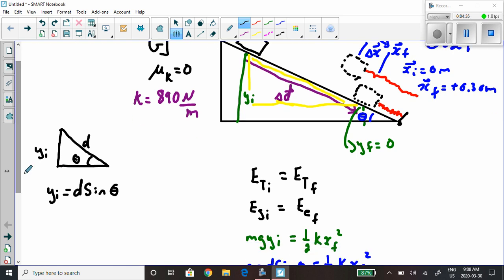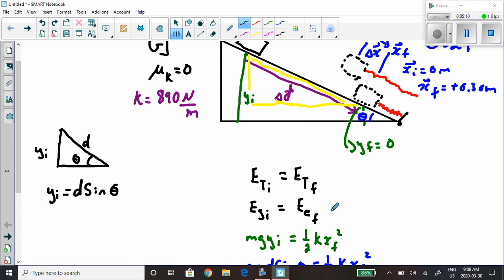Right there. All right, so now, like in many of these questions, we're going to use the law of conservation of energy. The total energy initial is equal to the total energy final. Well, the total energy initial is all gravitational. It wasn't moving. And the total energy final is elastic potential energy, because it's not moving here, and here's the real savings from using the yellow triangle. This becomes height equals 0, y equals 0. That means I don't have to add a gravitational potential energy on this side of the equation.